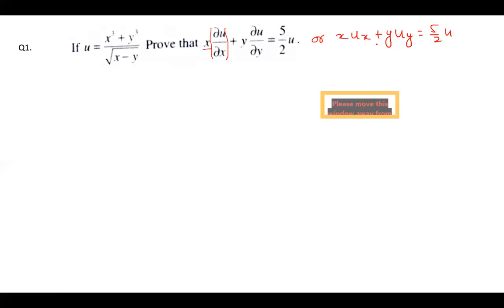You can prove it in the normal way by differentiating u with respect to x and then with respect to y and adding. But using Euler's theorem, this problem becomes very simple.